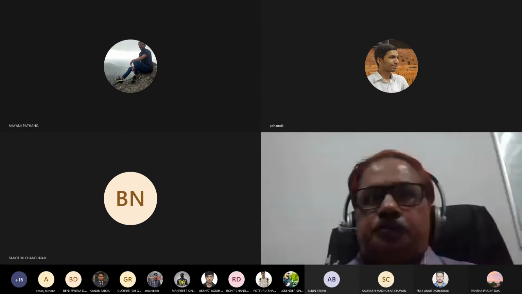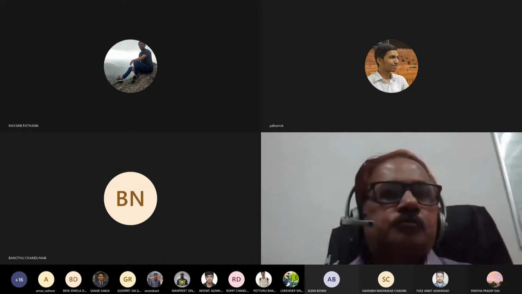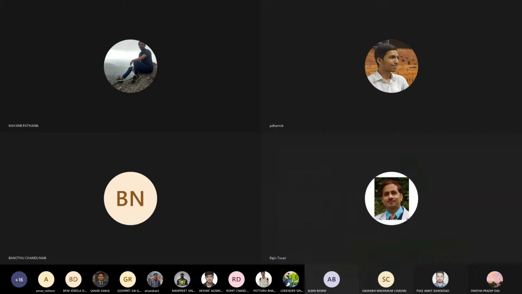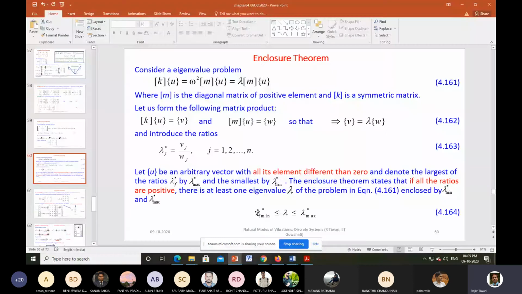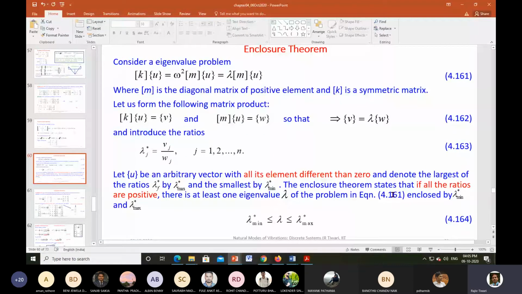I will introduce two particular concepts today, and then I will take up some examples. One of them is the enclosure theorem.